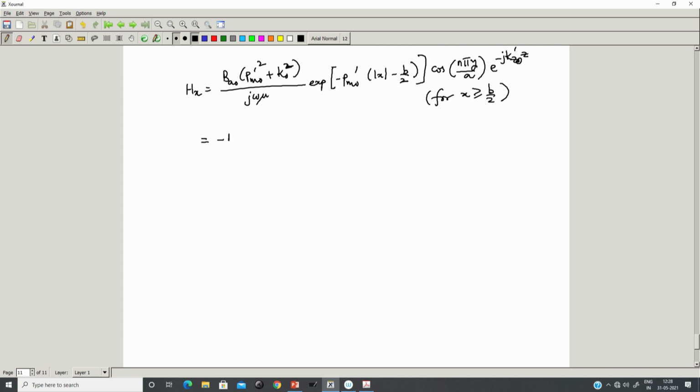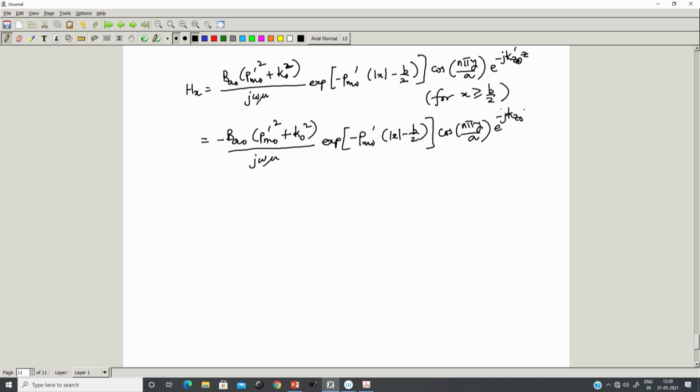And that is equal to minus B A O p m o prime square plus k naught square by j omega mu exponential minus p m o prime mod x minus b by 2 cos n pi y by a e power minus j k z o prime z, that is for x less than or equal to minus b by 2.